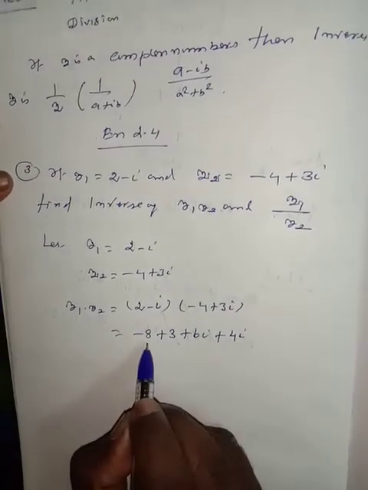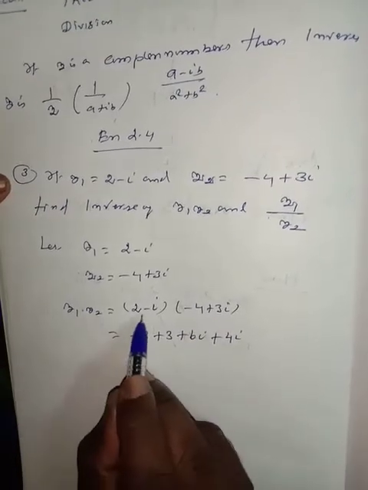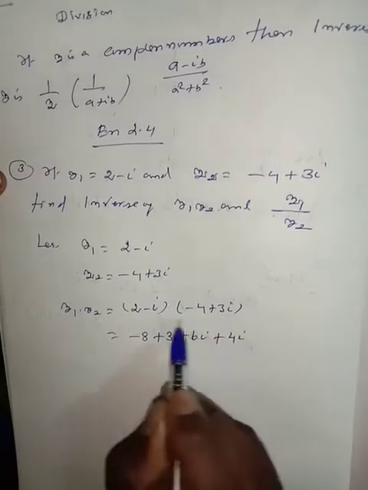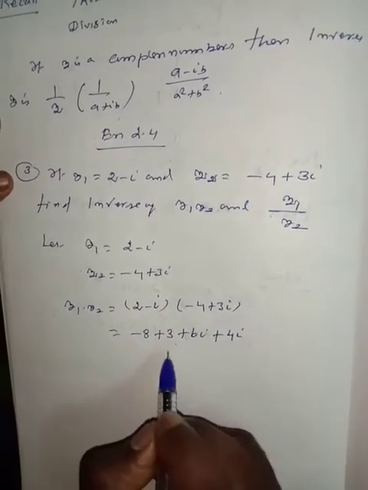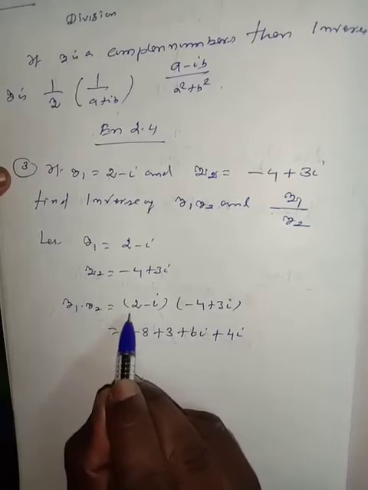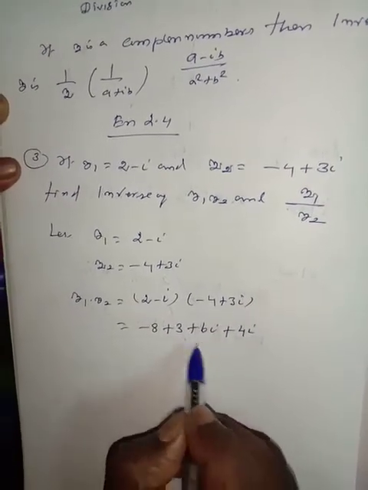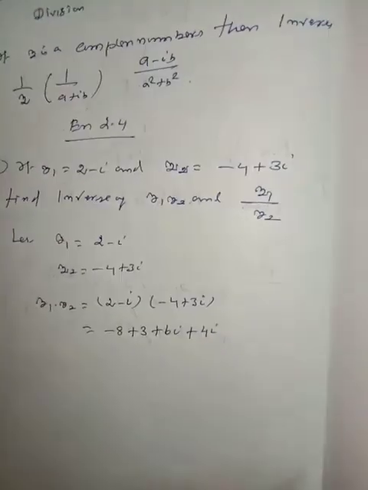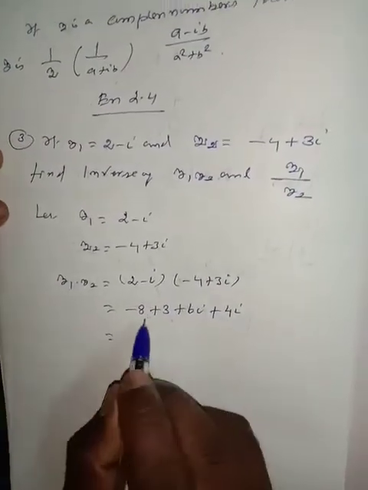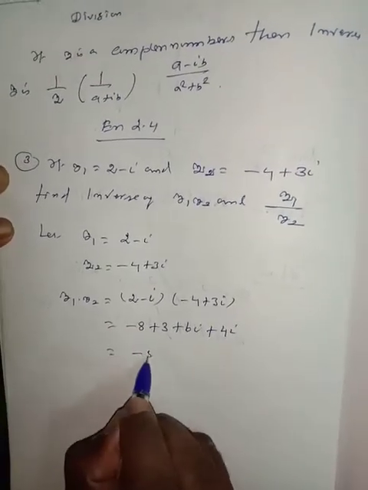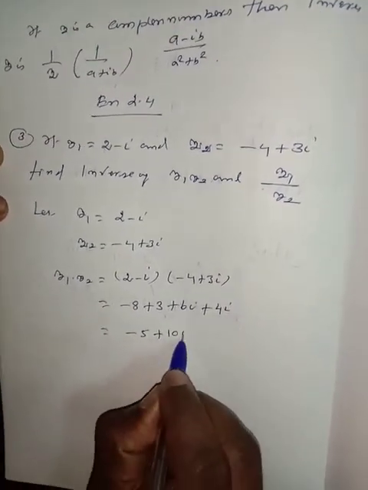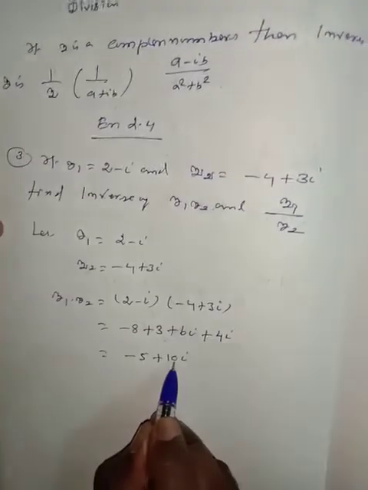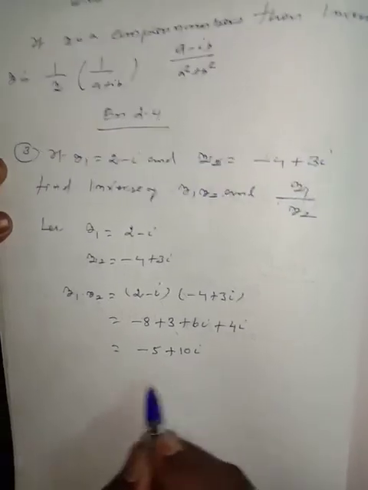So it is equal to minus 5 plus 10i. Real numbers minus 5 and 10, the complex number is minus 5 plus 10i.